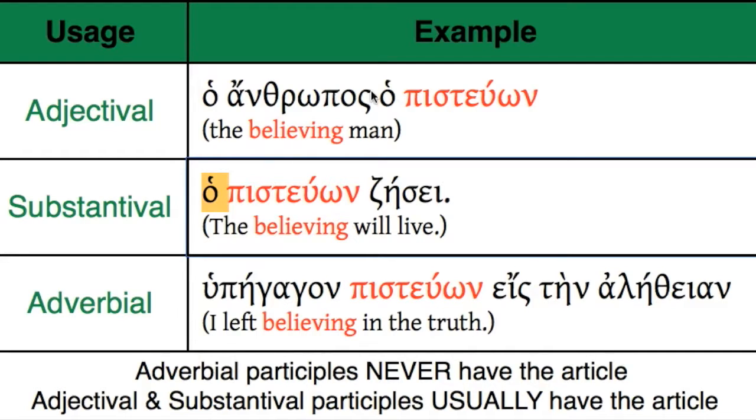Not always, but usually, you'll see the article with the adjectival and substantival usage. Now, the adverbial usage down here, you'll notice there's no article here. Hupegagon pisteuon, not ho pisteuon, no. And this is important to notice that adverbial participles in Greek never have the article. So that will help you out a lot in your translating.